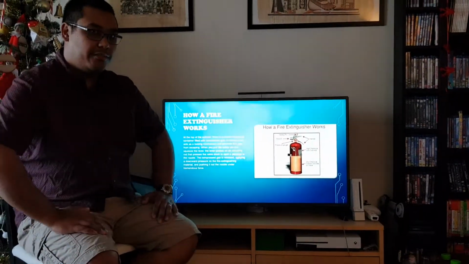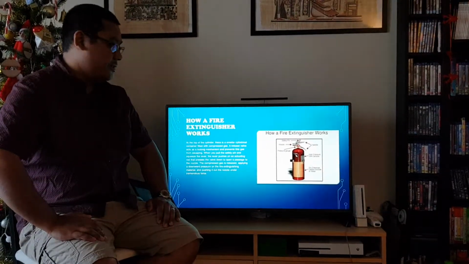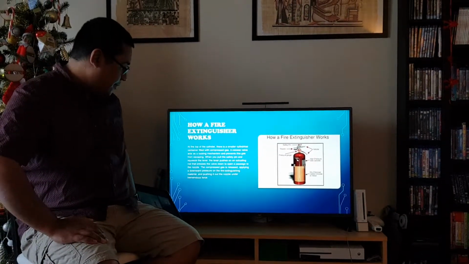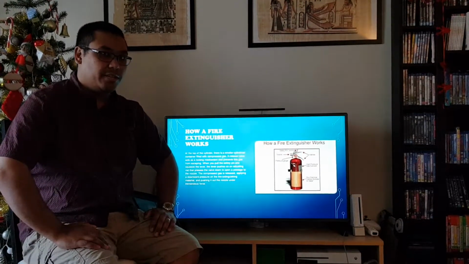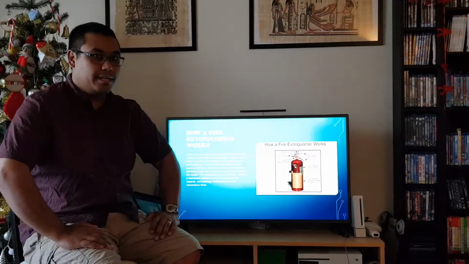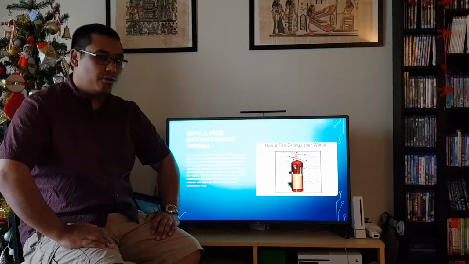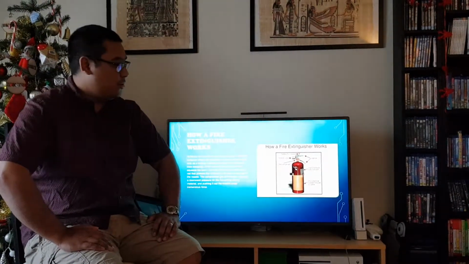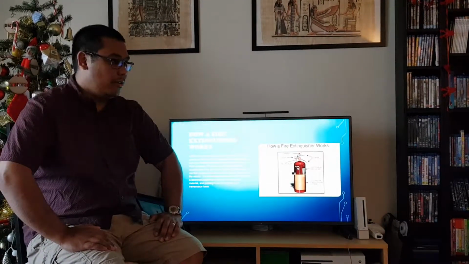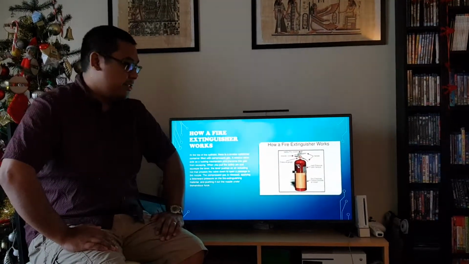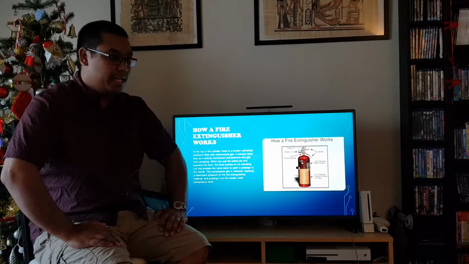Before using the fire extinguisher, you have to look at the picture on the fire extinguisher. It will tell you it is an A, B, C or an E, or a combination of B and C, or a combination of E, B and C, or as the last one, a combination of A, B, C and E.